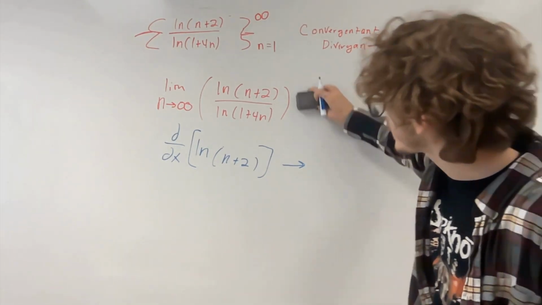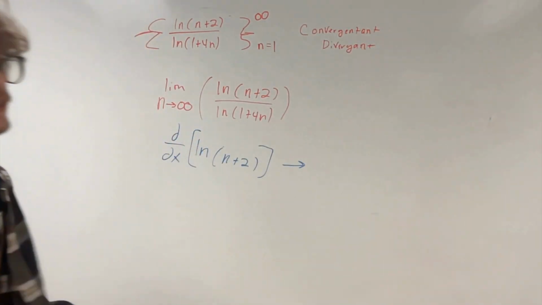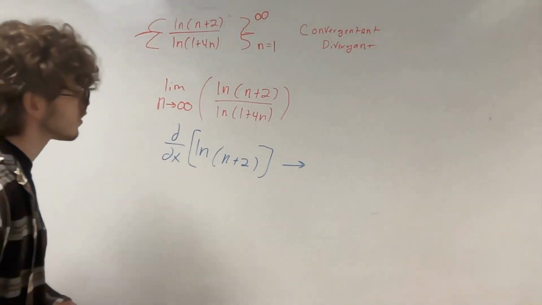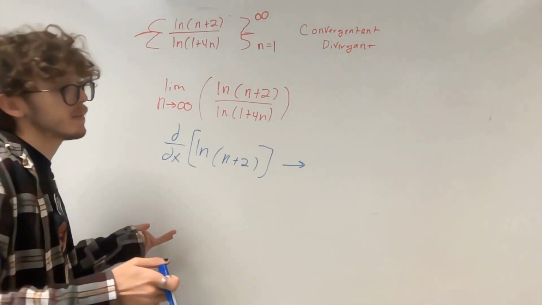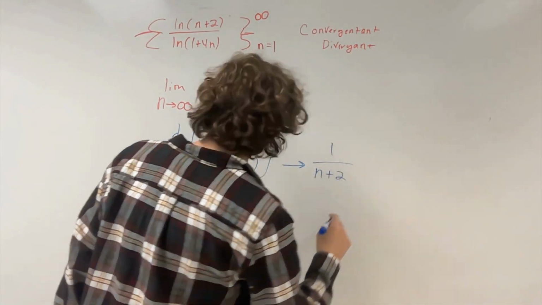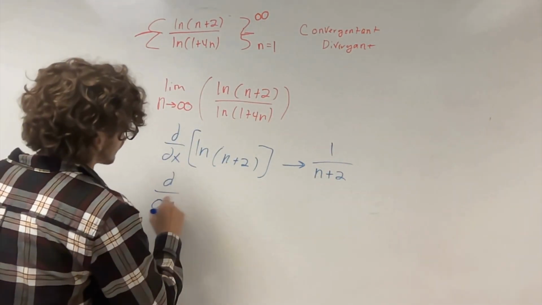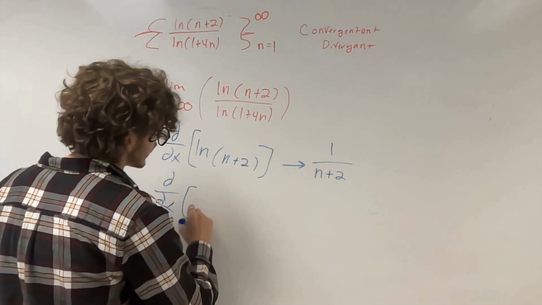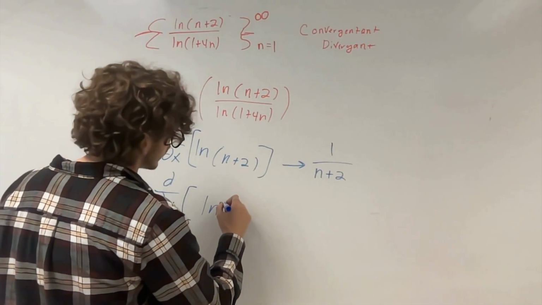Hopefully you remember that from Calculus 1, but if you don't, it's okay. So the derivative of the natural log of n plus 2 is just going to be 1 over n plus 2. We do the same thing for our next function, going a little fast because hopefully you're catching on.